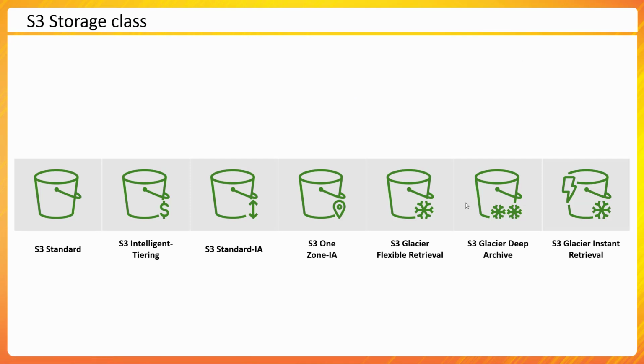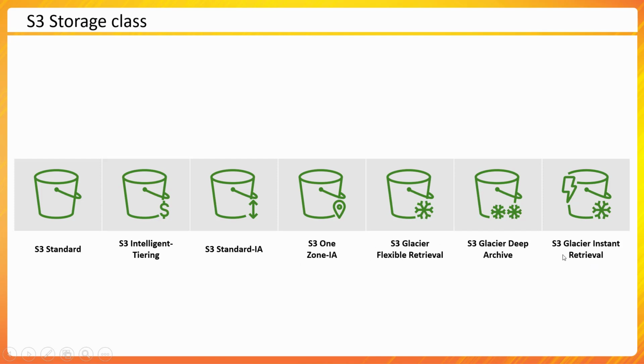These are the different storage classes which are right now available with Amazon S3: S3 Standard, Intelligent-Tiering, Standard Infrequent Access, One Zone Infrequent Access, Glacier Flexible Retrieval, Glacier Deep Archive, and Glacier Instant Retrieval.